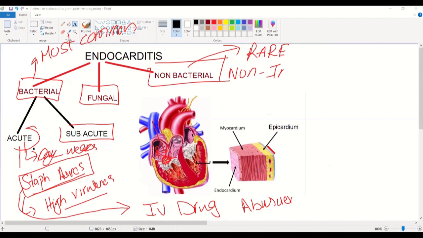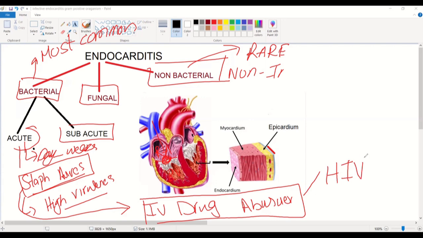Can you tell me any infection that also increases the risk of Staph aureus? Any infection that predisposes to IV drug abuse and Staph aureus? Okay, IV drug abusers are associated with HIV.